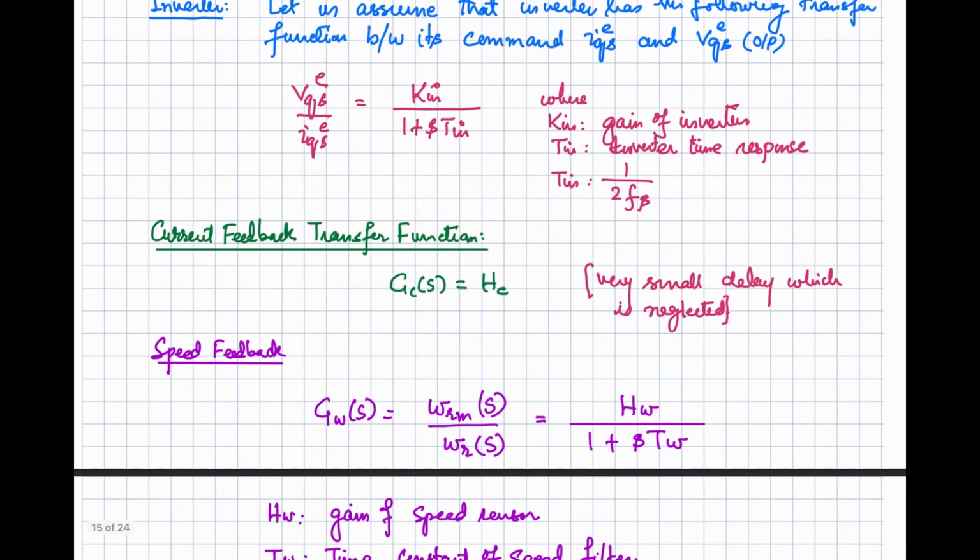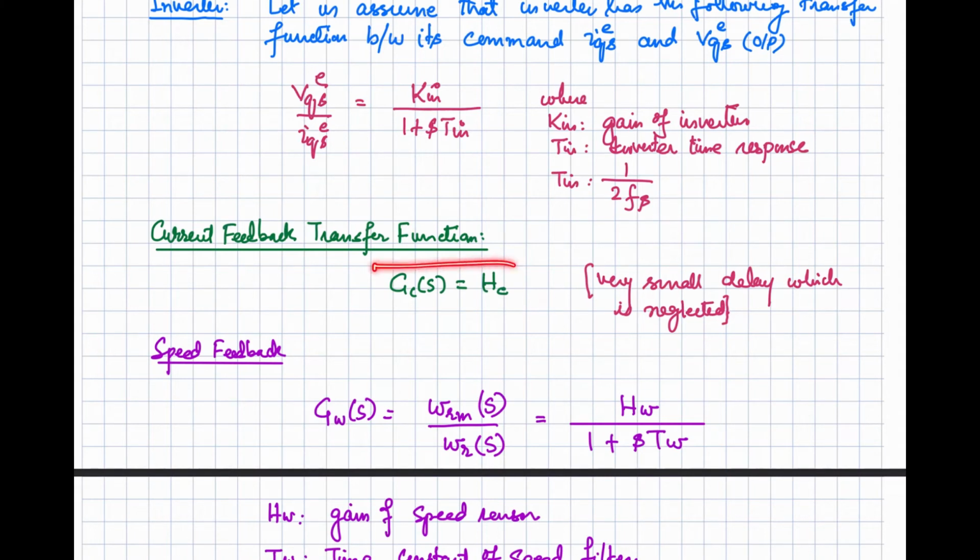Next, we are going to look at the feedback transfer function, that is equal to HC, representing the current sensor. The response of the current sensor is quite fast. It is just measuring the current and mapping it over a certain voltage for the implementation of the control loop.